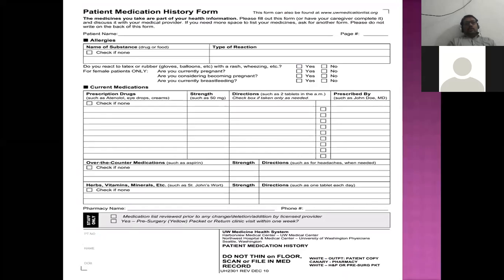This is a general form of a patient's medication history. It contains the patient name, and whether the patient is allergic to particular drugs.